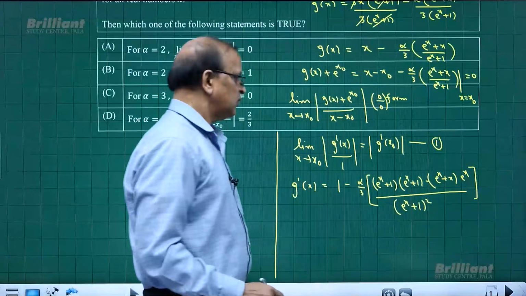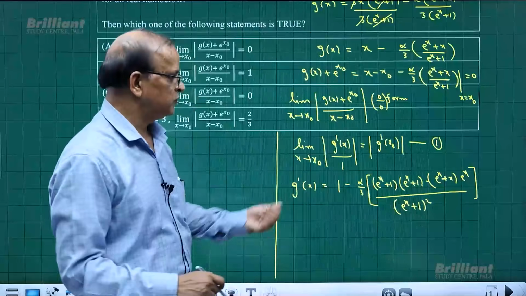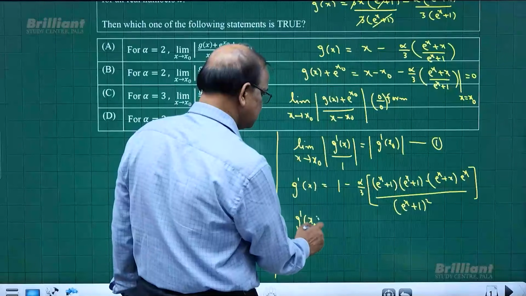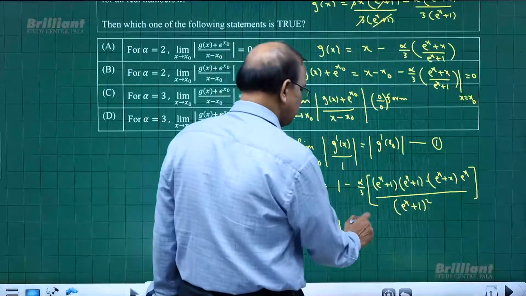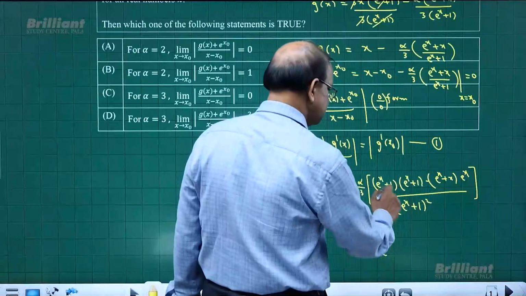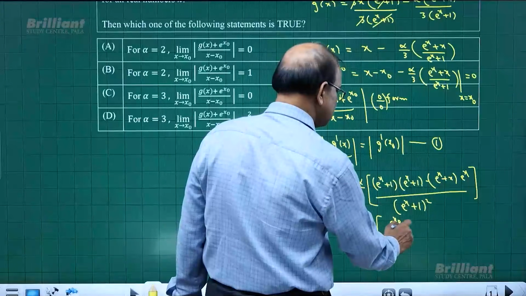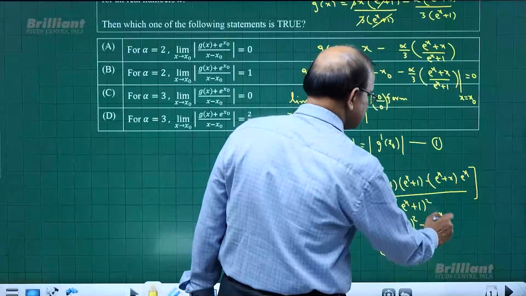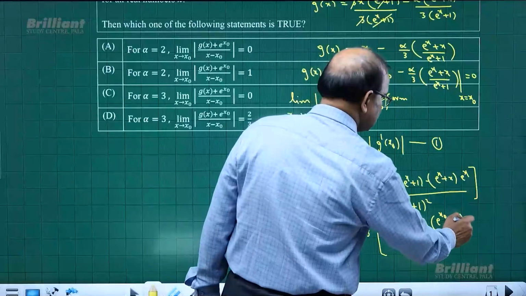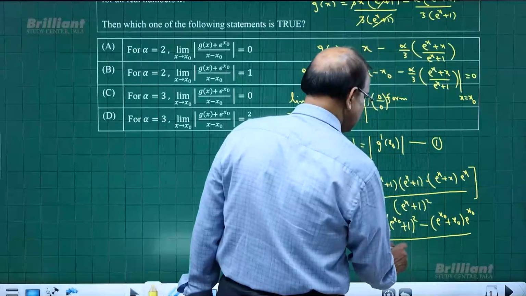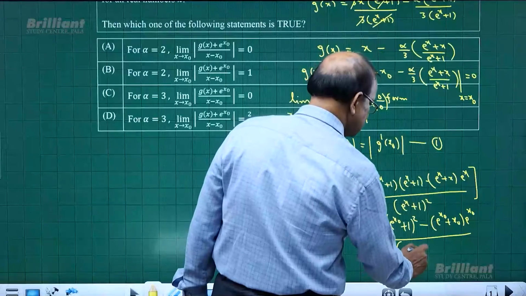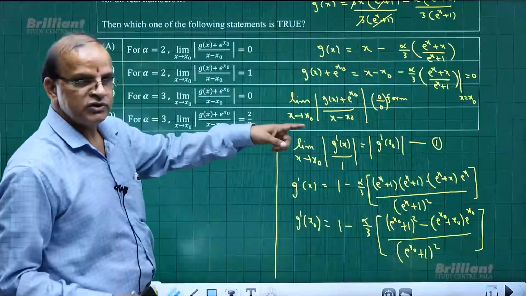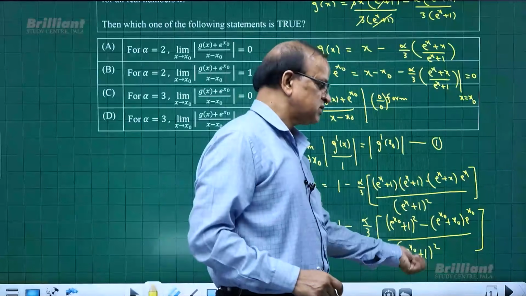Now in this I put x naught. So g dash x naught is equal to 1 minus alpha by 3 times e power x naught plus 1 whole square minus e power x naught plus x naught into e power x naught, whole by e power x naught plus 1 whole square. But e power x naught plus x naught is 0, given. So this part is 0, and this cancels to 1.